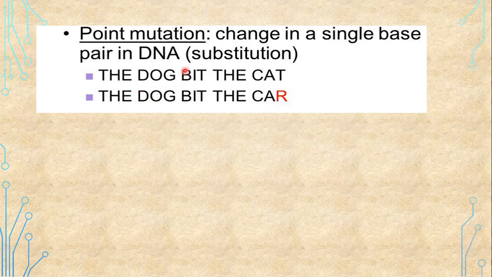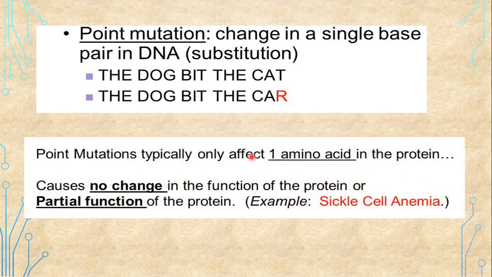Accordingly, when we talk about the bases in DNA, the replacement of one base pair will change one amino acid. It will not change the entire polypeptide in cases of point mutation. So here we have it.